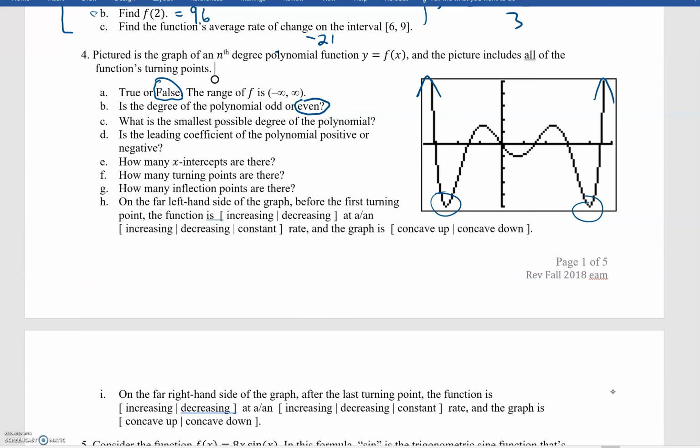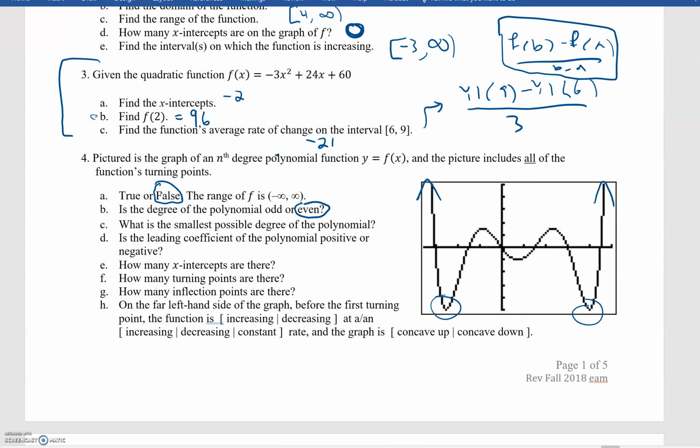Part C, what is the smallest possible degree of the polynomial? Okay. So the smallest possible degree of the polynomial, well, let's look at the number of zeros that we have here, because the number of zeros is related to the degree of the polynomial. Well, I should be careful when I say that.